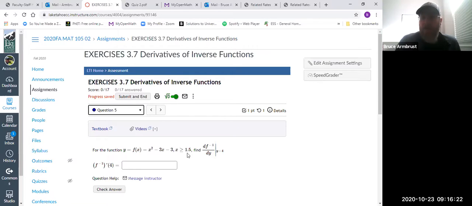Now, we could solve that original function for x, find the inverse and differentiate it explicitly, but that's a little too much work. So what we're going to do is make use of the fact that inverses have derivatives that are reciprocals. Let me share a whiteboard, and I'll walk you through this one.